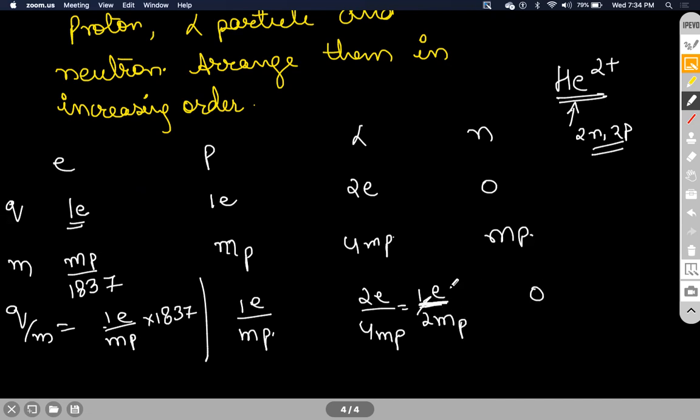For neutron it is 0. So the ratio will be electron greater than proton greater than alpha. Is it clear?